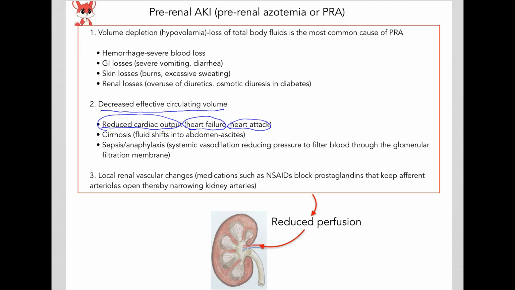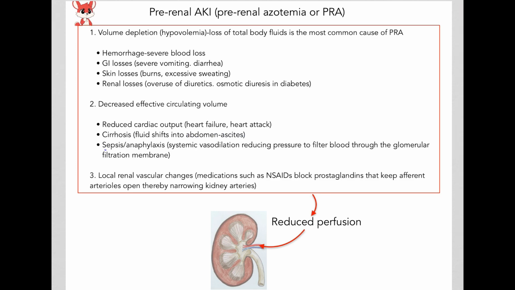If there's a reduced cardiac output, that means there is less blood flowing to the kidneys per minute. In the case of cirrhosis, the circulatory fluid actually shifts from the blood vessels into the abdominal cavity, what we call ascites, and that will also lead to decreased effective circulating volume.